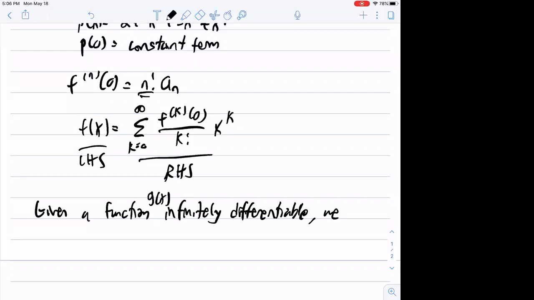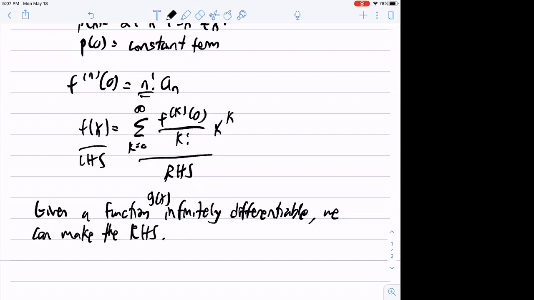We can always take derivatives of g, since it's infinitely differentiable, evaluate at 0, and then we form that series, right?